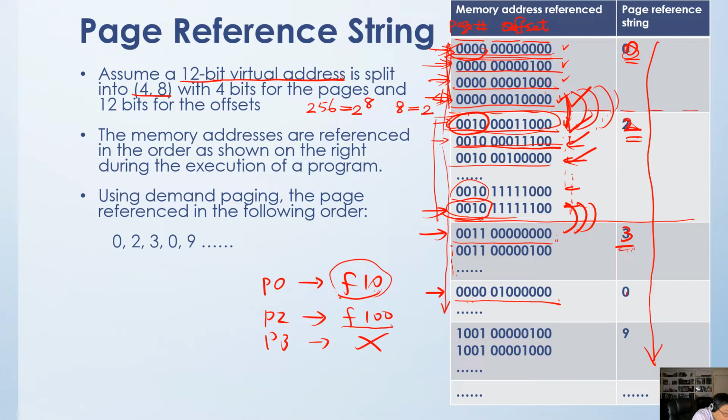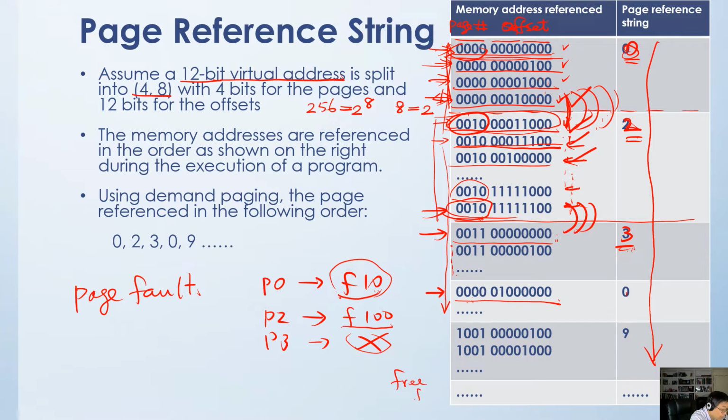And now, because page 3 is not loaded yet using demand paging, what happens? We're going to have a page fault, right? Page fault is an interrupt. We just mentioned it in the first module. So this page 3 is not loaded, and the operating system is going to check the physical memory to see whether there are any free frames.